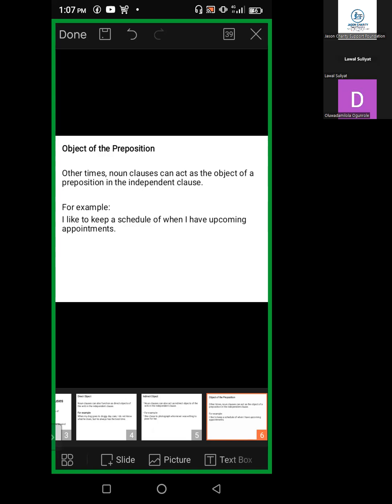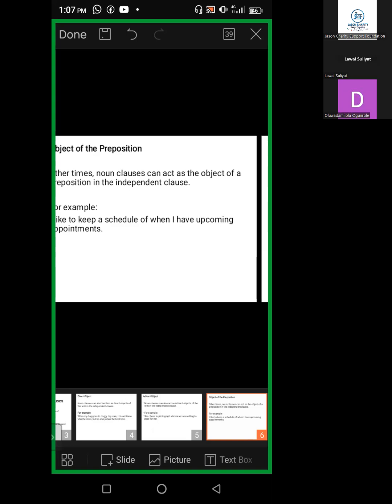However, in that prepositional clause, we have a noun clause acting as the object of the preposition. Now, the preposition used there is "of," and we have a whole noun clause acting as the object of a preposition. Now, any noun coming after a preposition in an expression is the object of that preposition. But it is in the same vein that this particular noun clause was used.